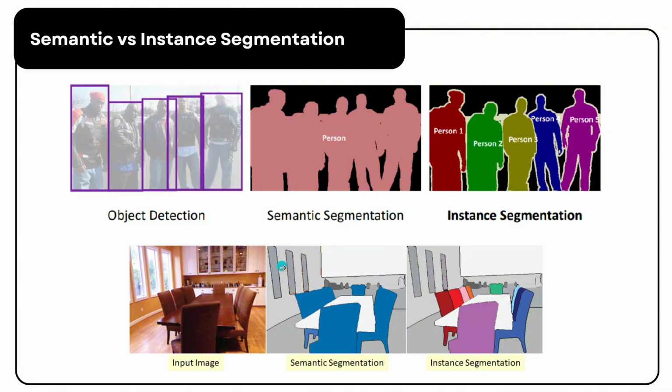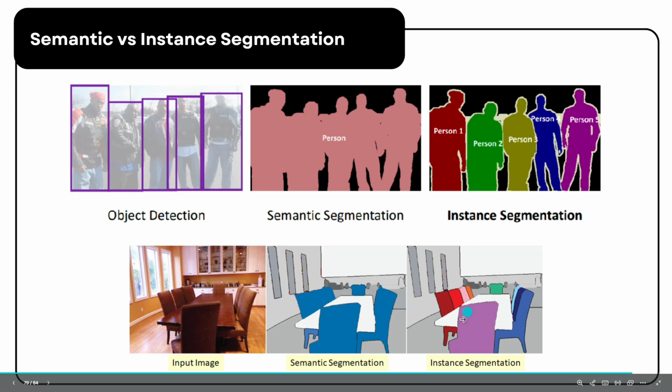So, okay, here shows the same thing for chairs. Semantic segmentation groups all chairs together as one class, blue, while instance segmentation identifies each chair separately with unique colors.